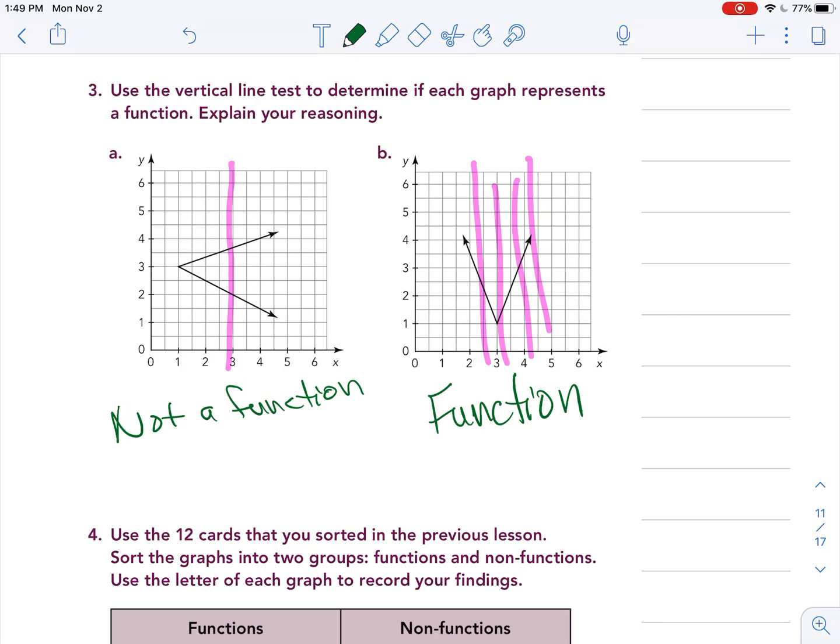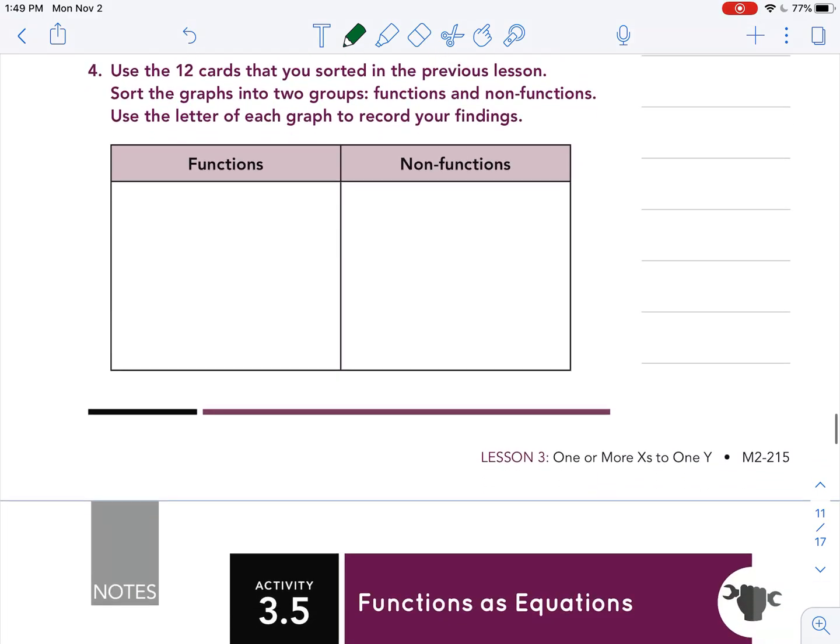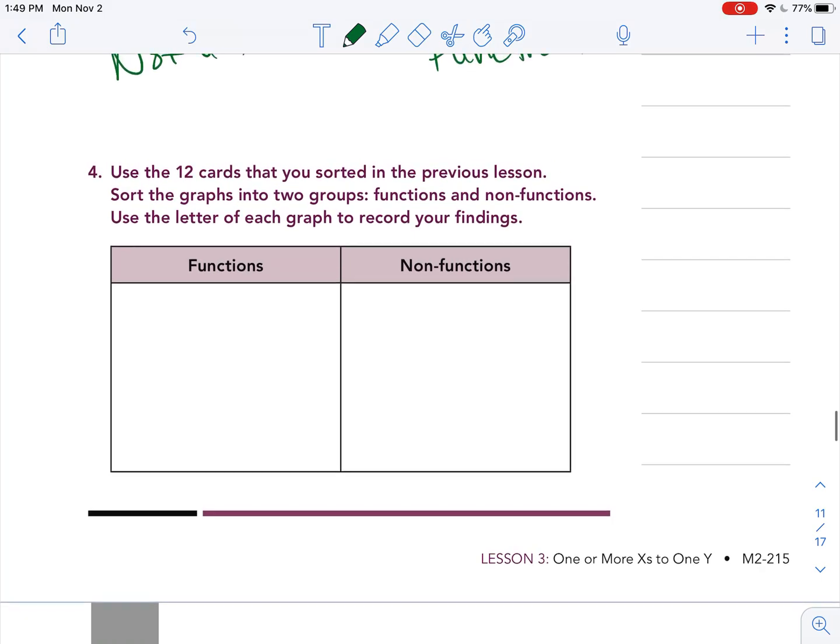Okay. So we did those 12 cards the other day as to whether or not they were a function or not.